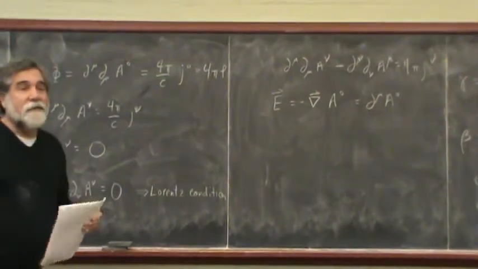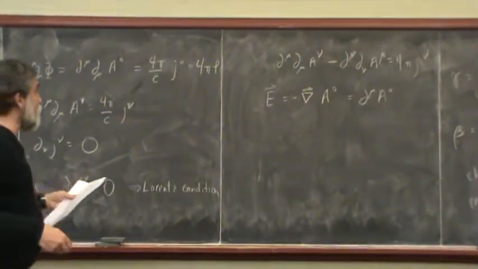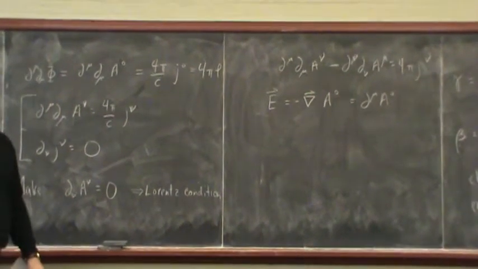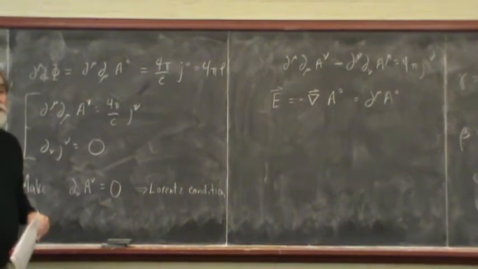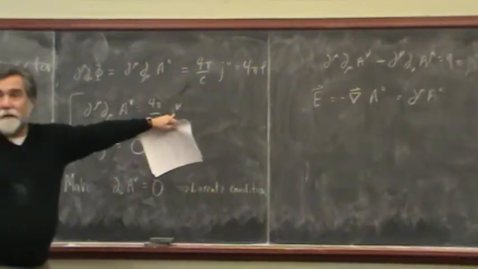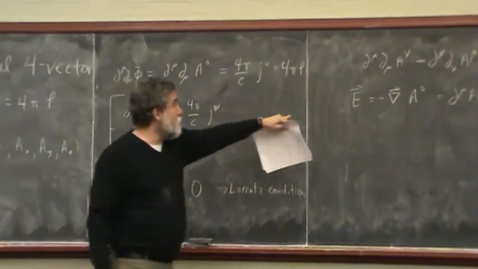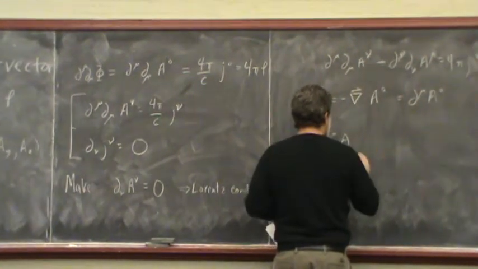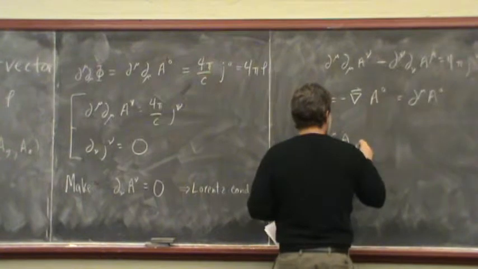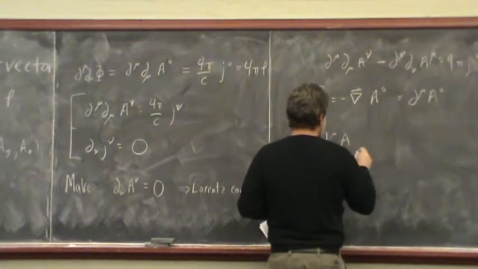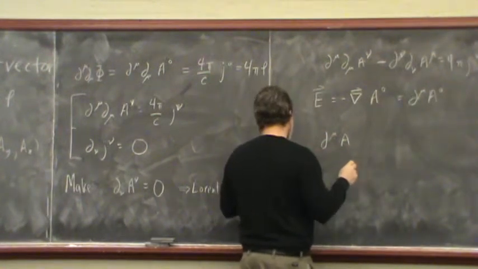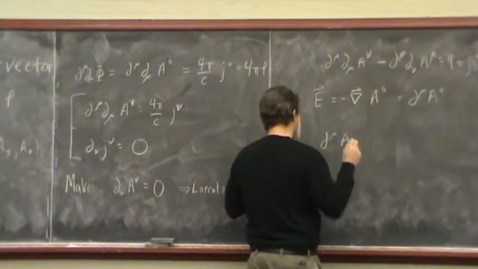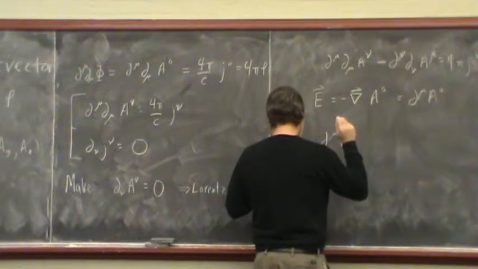But if we were to operate d mu on A mu, we've got 16 terms that could come out of that, a 4x4 matrix.